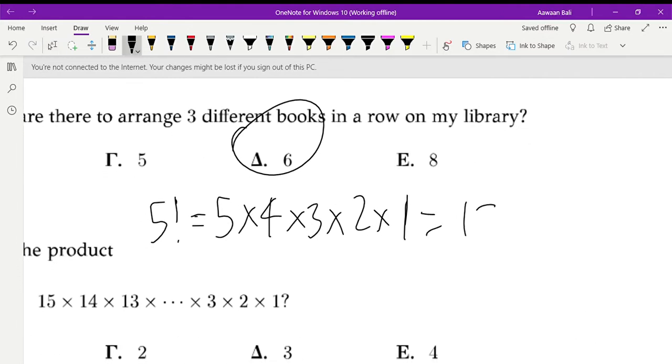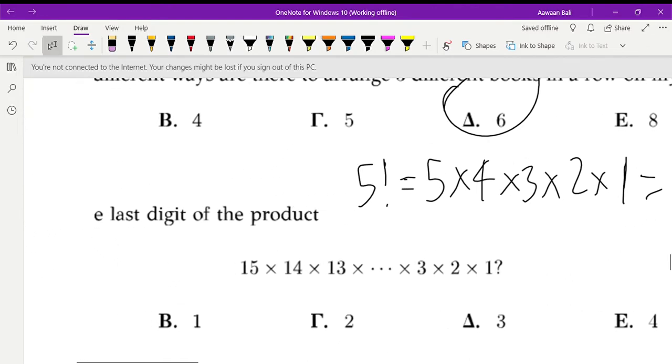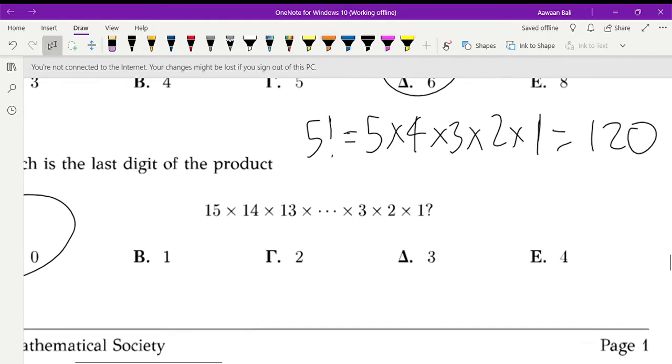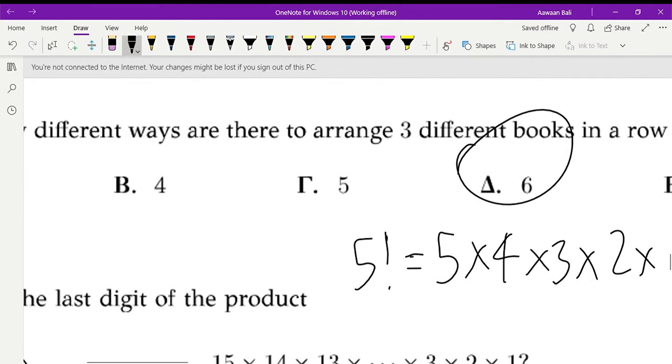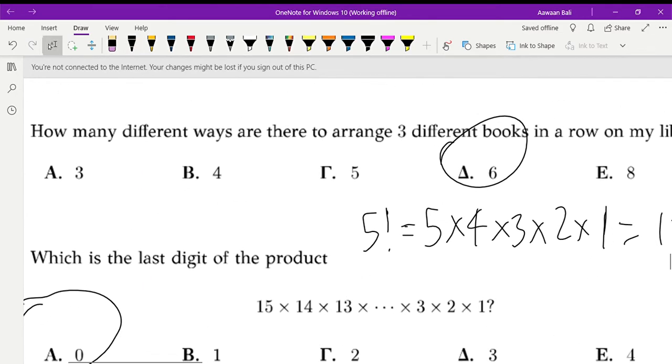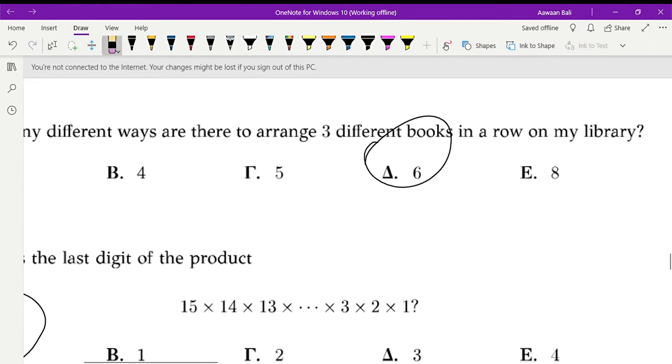So we know that's 120 once you do that all. So 5 factorial is equal to 120. Even if we look at the question below, it's 15 times 14 times 13 all the way to 1. That's 15 factorial, so that's also a factorial too. It's helpful nowadays in these questions, but it's also helpful in maths too, definitely.